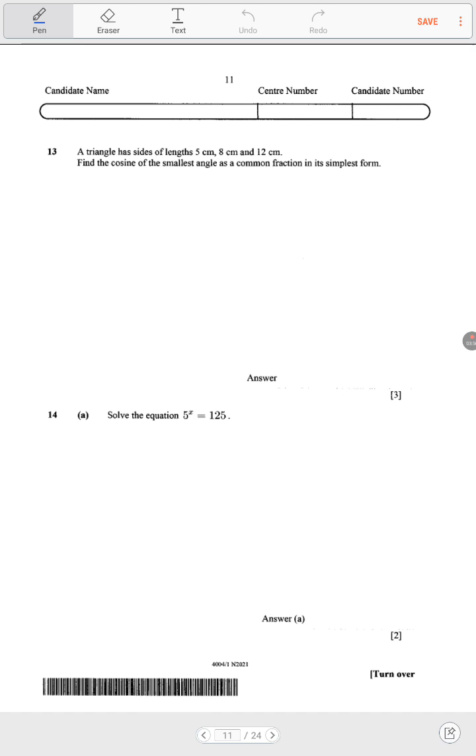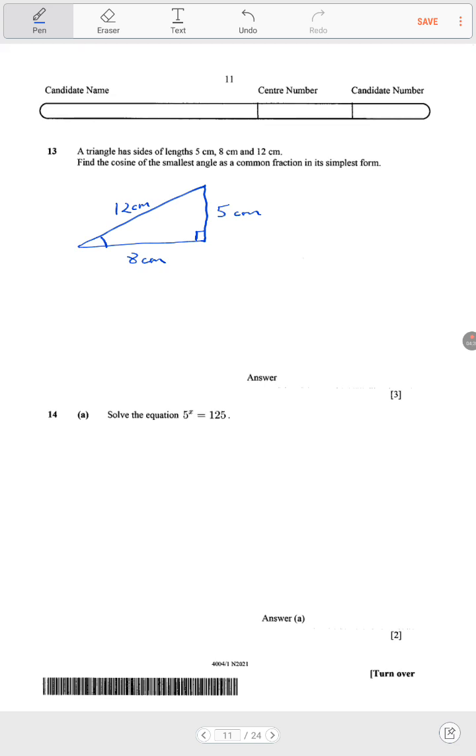So we can just draw a right angled triangle like this, and we can say this is 5 centimeters, the shortest side, followed by 8 centimeters, and this is 12 centimeters, and we've been asked to find cosine, and this is the smallest angle.